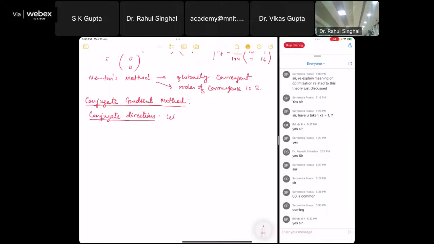So let Q be a positive definite matrix of order n cross n.